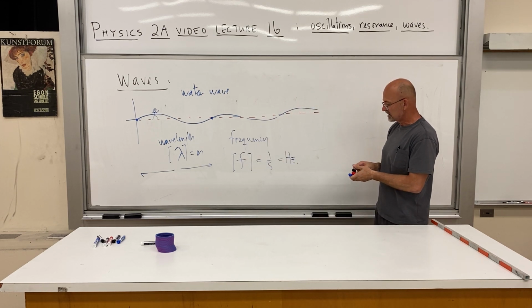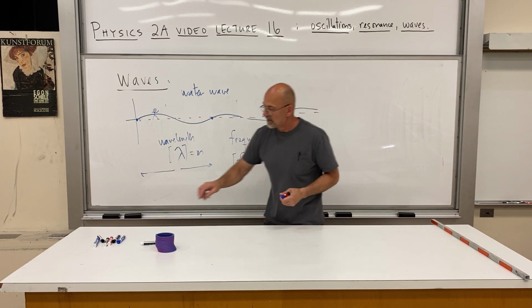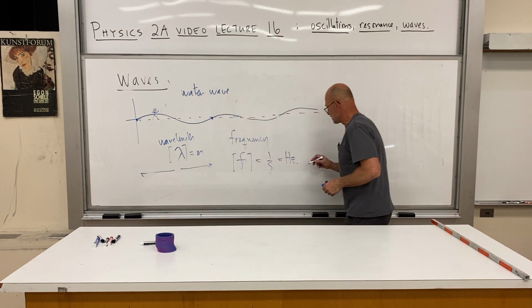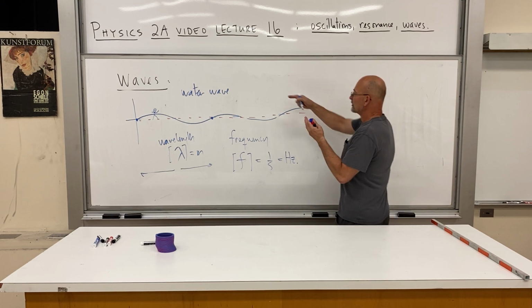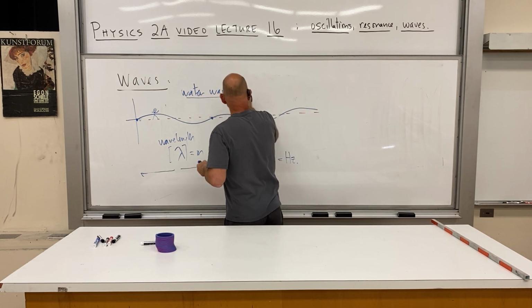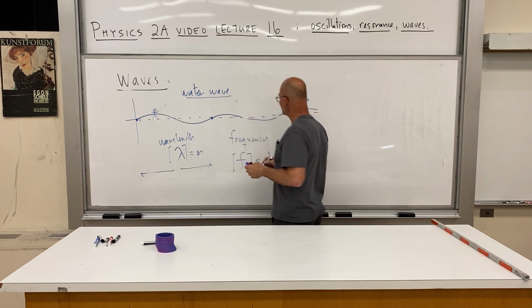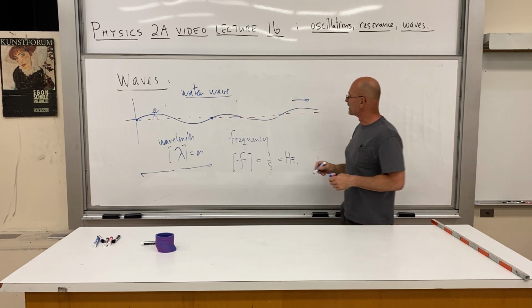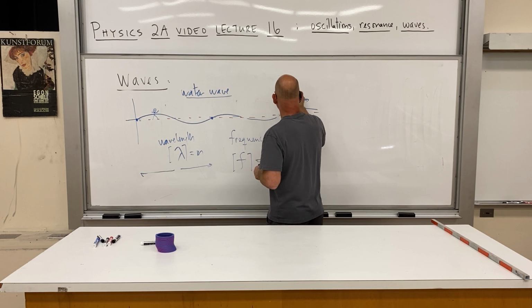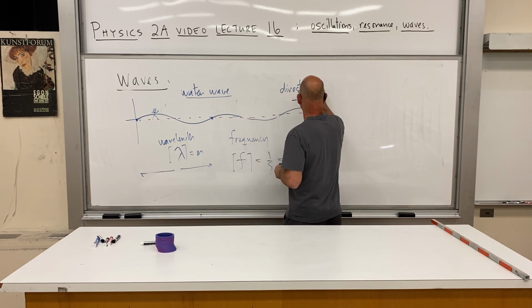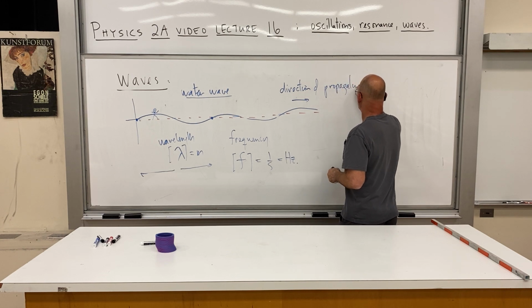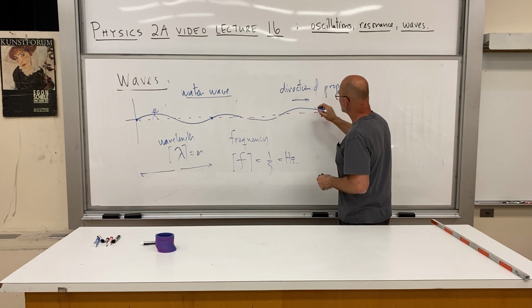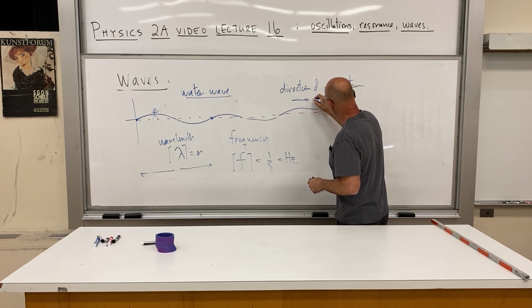And a relation that holds true here, so this is about a water wave. Let's go ahead and put a little arrow here and say direction of propagation. So that's the other thing, direction of propagation. And then there's also a speed, maybe I'll put a little v here.